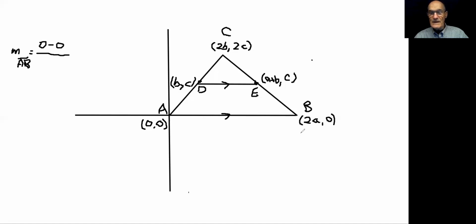And in the bottom we have x2 minus x1, so this is 2a. And of course, 0 minus 0 is 0. So the slope of that line is 0. Now, we come up here and do the slope of DE.